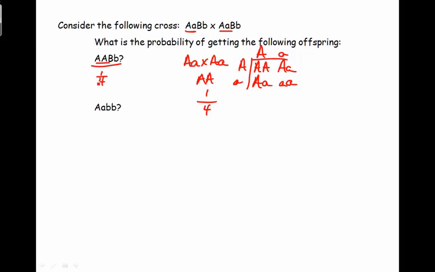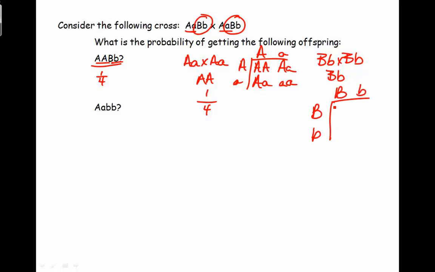Then we want to look at the B's. So now we ignore the A's. We look over here and we look at what our parents are for B. They're both heterozygous. And we want to know what's the probability of getting heterozygous offspring from them. Okay, again, you can draw that little Punnett square, which is going to be like this in this case.